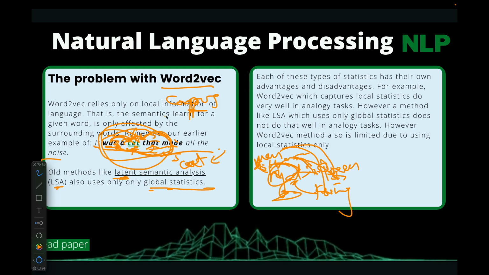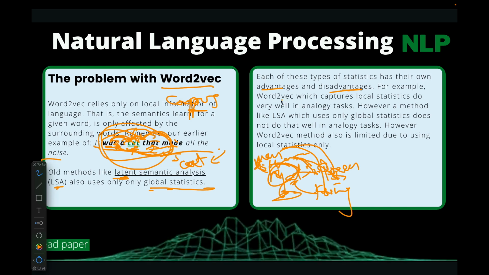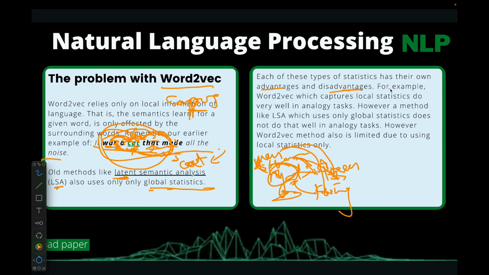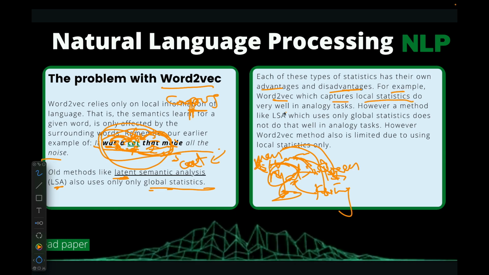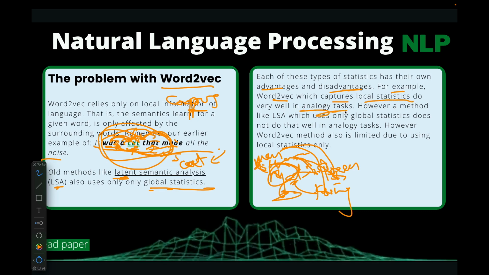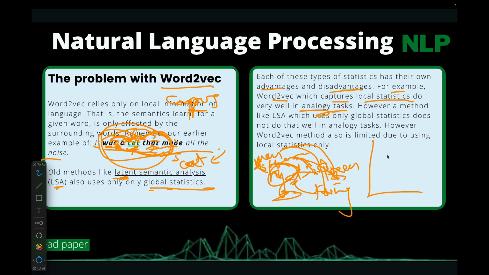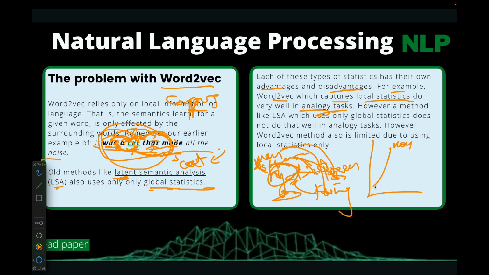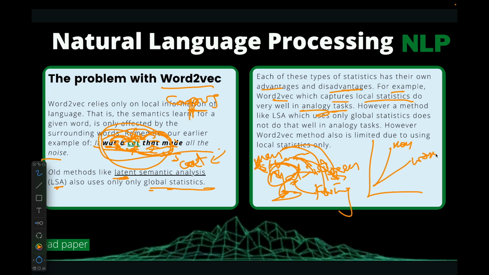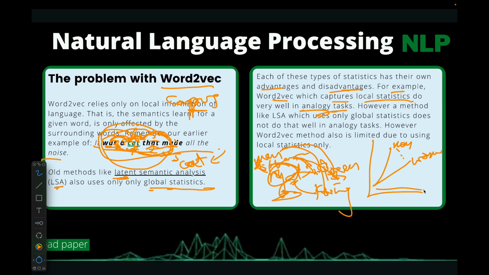So all of these tools have their own advantages and disadvantages. For instance, Word2Vec captures local statistics, which is actually very good for analogy tasks. When I'm talking about analogy tasks, we are talking about the fact that you can have, say, man related to woman, and the distance between them is very close, as compared to maybe something like house.